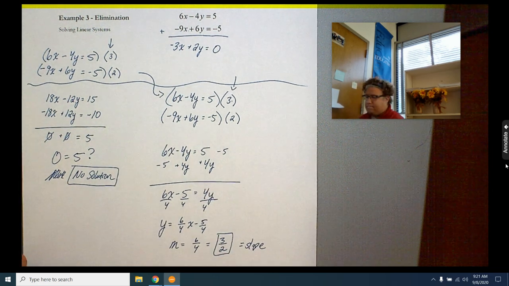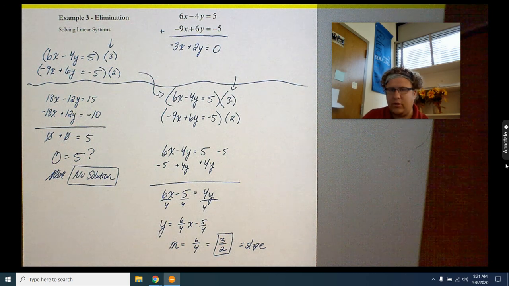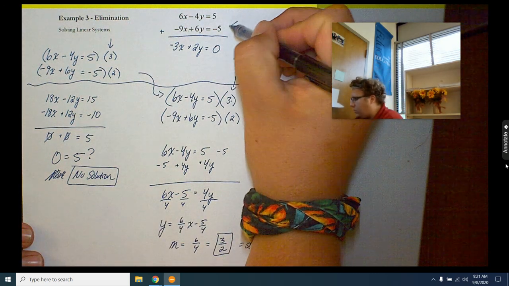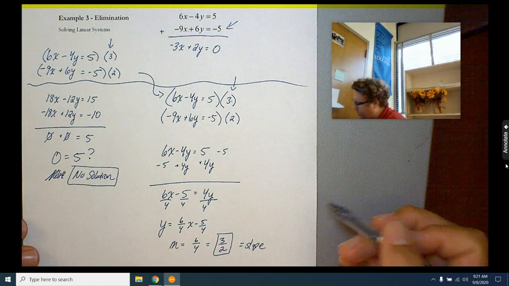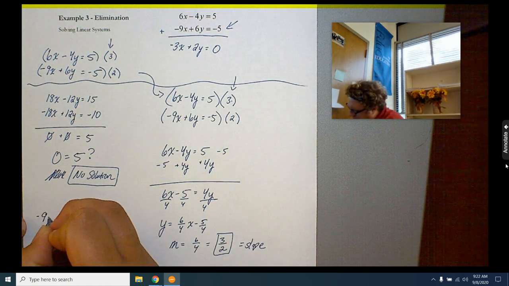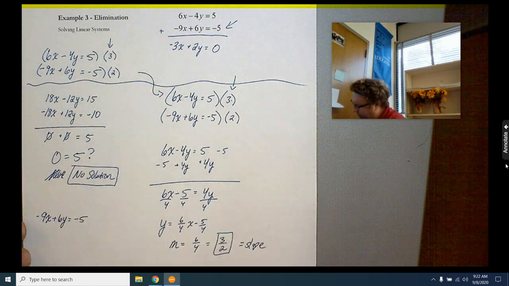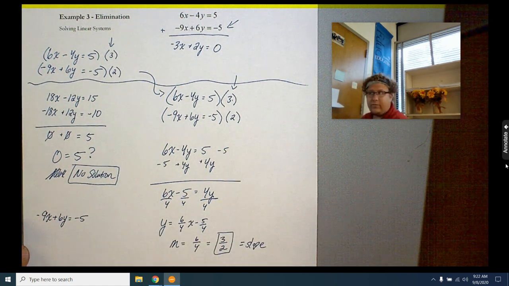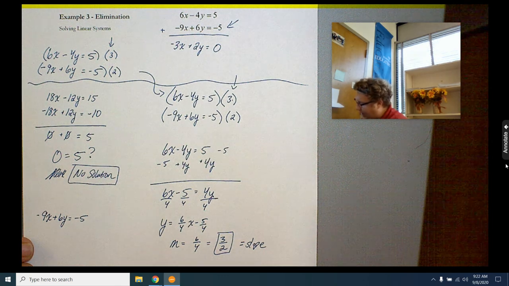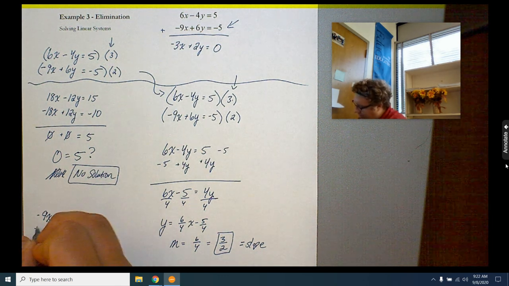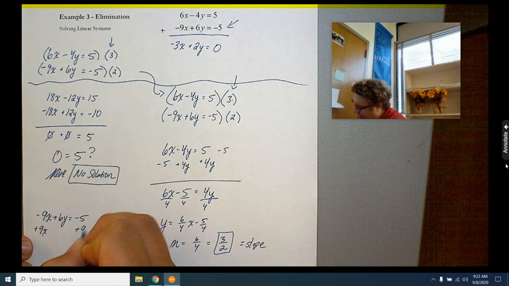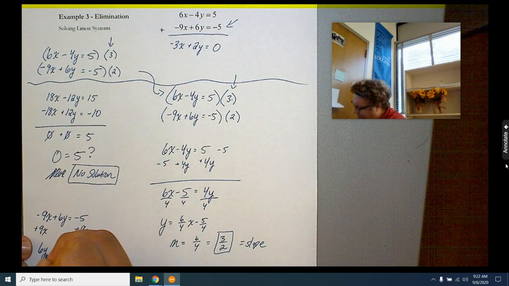So that is the slope of our first line. And seeing that we got no solution, we're going to verify all this by finding the slope of our second equation. So I'll look at negative 9x plus 6y equals negative 5. And I'm just going to try and verify that the slope is indeed 3/2. So I'll add 9x to both sides, trying to get y all by itself.